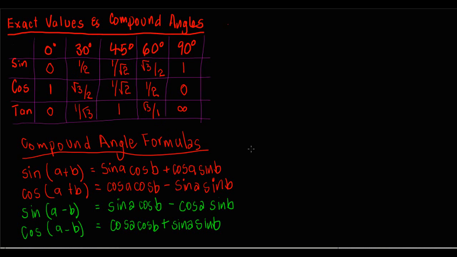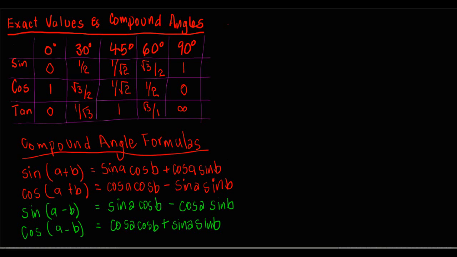Now, we also have a series of compound angle formulas that we can show you how these develop and how they're proven, but in this case here I'm not going to, because it's not required for what we want to do. So the compound angle formulas are as I've written here, and you can see there's some patterns involved there.